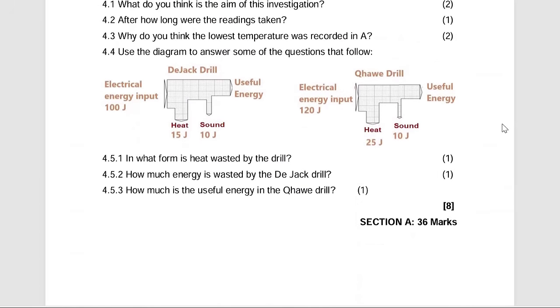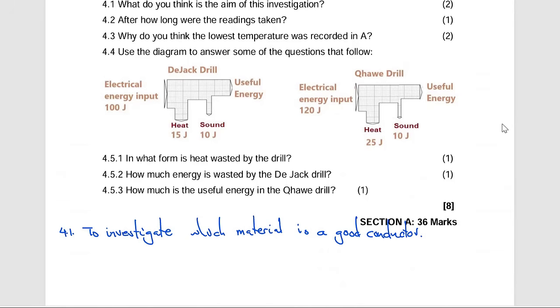So for question 4.1, I'm going to answer it and say to investigate which material is a good conductor, like that.